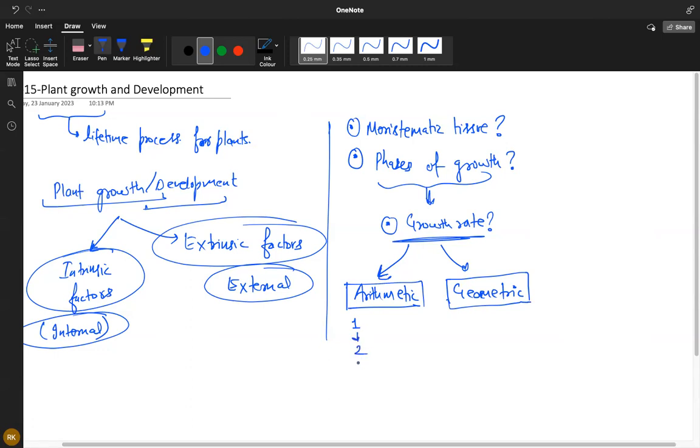Yes, Iram, right. Then you give rise to 3, 4, and so on. This is arithmetic increase, right? But geometric is you start with 1, it doubles to 2, then it doubles to 4, then it doubles to 8, and so on. So every time there is a doubling. So it's like a times 2 effect. Here it is a plus 1 effect. Do you understand, everyone?